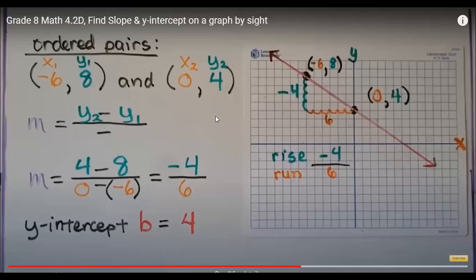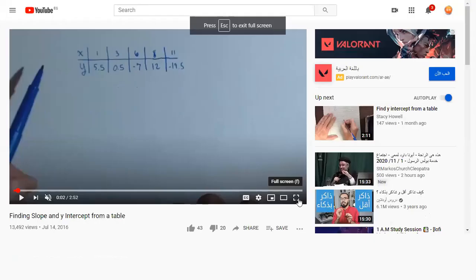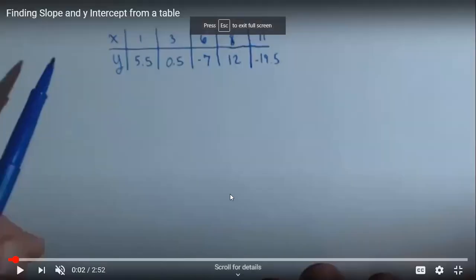So as I said, we have two different ways to calculate the slope and the y-intercept. In the second case, how we will calculate the slope from a table. Once we have a table and we want to calculate the y-intercept and the slope from the table, first we are going to calculate the slope between each 2 points.